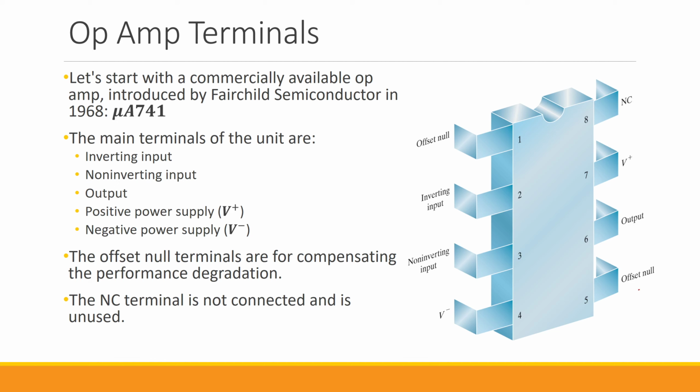We have another offset null, the output, the positive power supply, and finally NC, which is short for not connected. This is the general depiction of the μA741 op-amp, which was introduced by Fairchild Semiconductor in 1968.